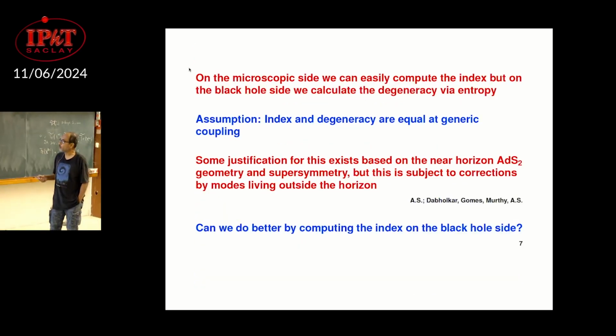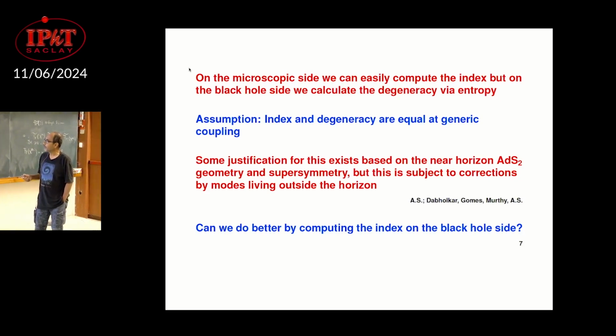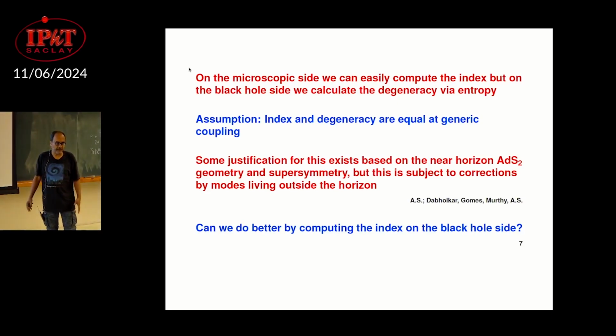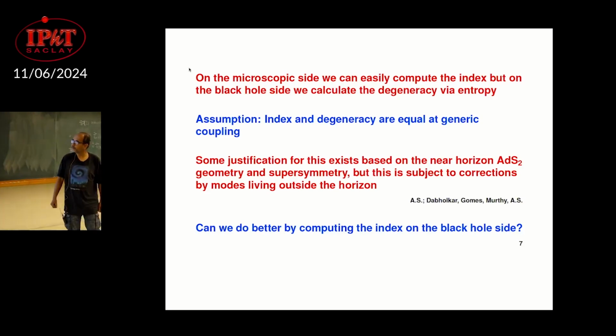Now, on the microscopic side, the calculation of the supersymmetric index is reasonably straightforward, because as I said, we really have a collection of harmonic oscillators. So supersymmetric index basically means that you have to calculate not just the number of states, but the number of states weighted by (-1)^F. That's as easy as calculating the degeneracy.